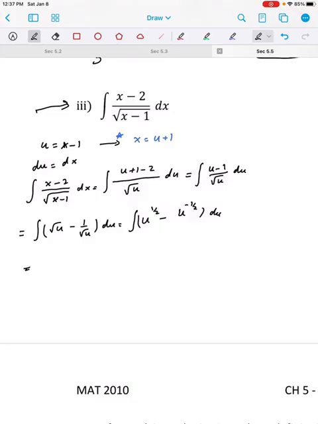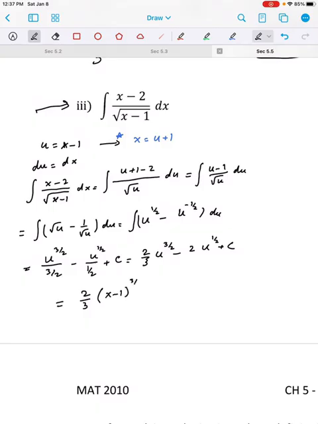So integrating, we end up getting u to the 3/2 over 3/2 minus u to the 1/2 over 1/2 plus c, or 2 over 3 u to the 3/2 minus 2 u to the 1/2 plus c. And now we go back, substitute u, which was x minus 1, so this is our answer.